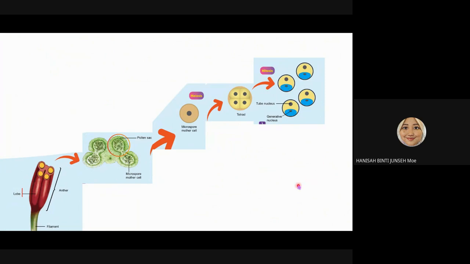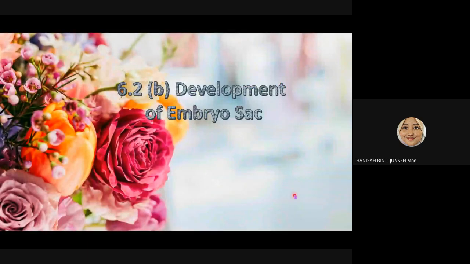Alright, so that's all for male gametophytes. That is how the stages of development of pollen grain work. Right. So now for development of embryo sac.